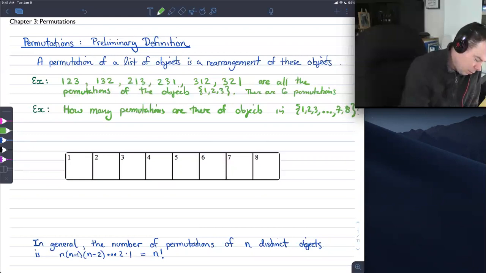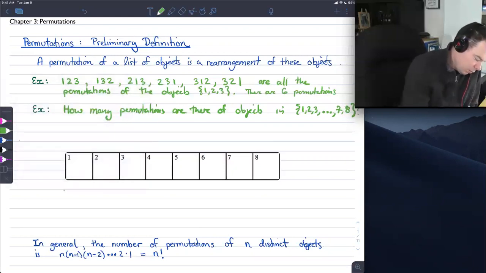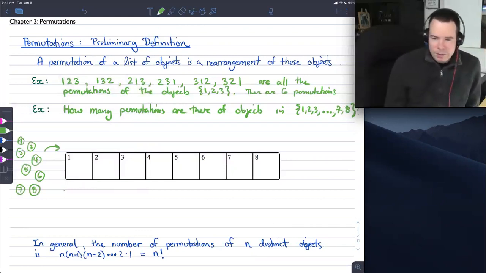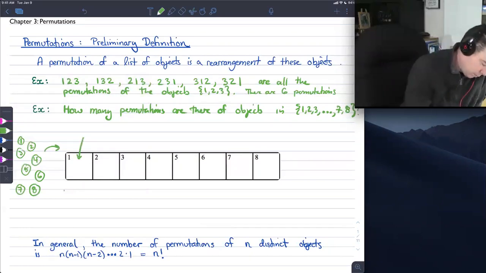So what we can do is think of a permutation as we've got our disks 1, 2, 3, 4, 5, 6, 7, and 8, and we want to place these disks into these locations 1, 2, 3, 4, 5, 6, 7, 8. There are 8 choices for a disk that we can put there.